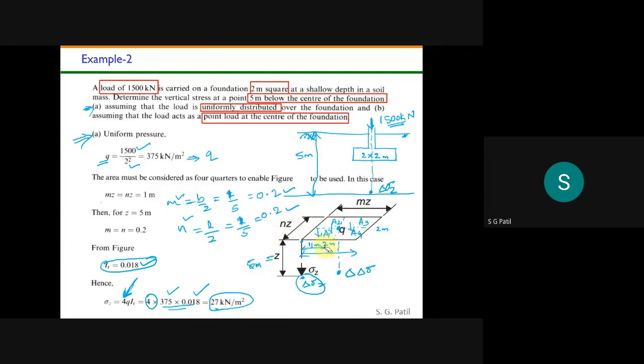Let me erase this neatly and write it here. So this is my square. This is 2 meter and this is also 2 meter.